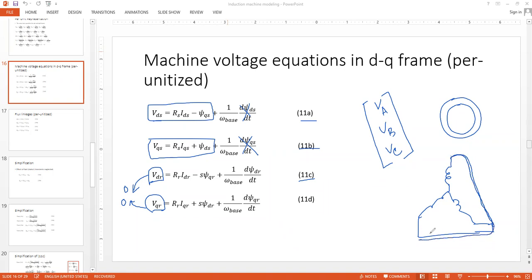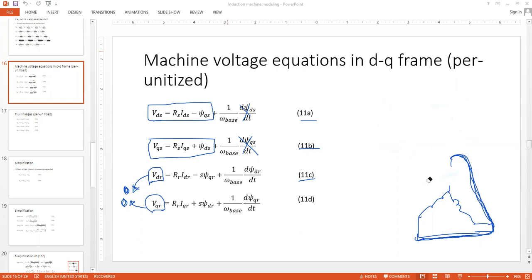So there is no way that there will be some voltage across the terminals because the terminals are shorted. These VDR and VQR, even after transformation, may take some very small value, which is negligible in nature. So the first observation is that the left-hand side of 11C and 11D can be assumed to be 0, because of the presence of the short circuit across them.